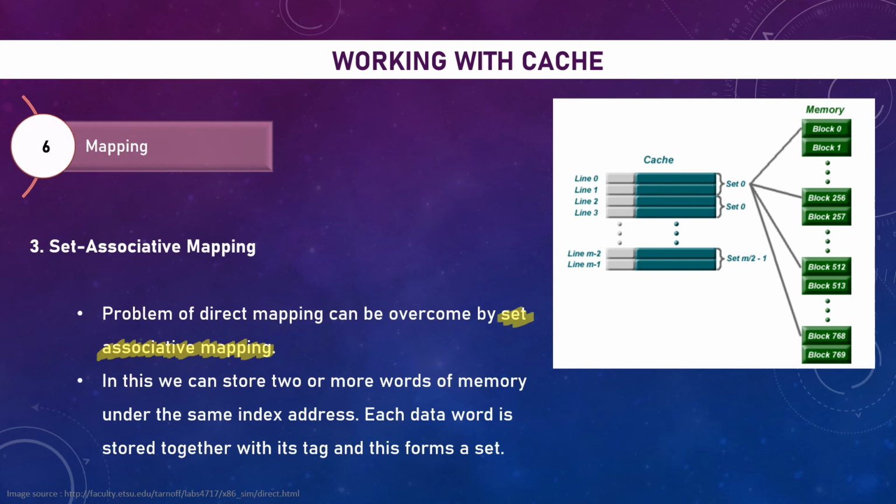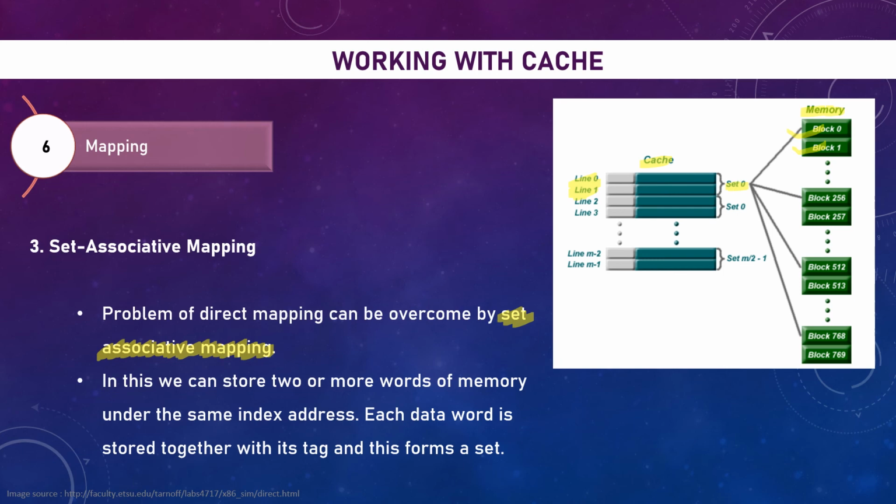Okay, now let's see the diagram first. Now we know that this is the main memory, this is cache memory, here we have blocks, and here we have lines.